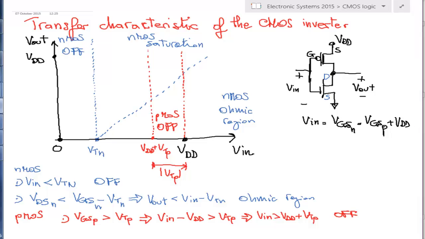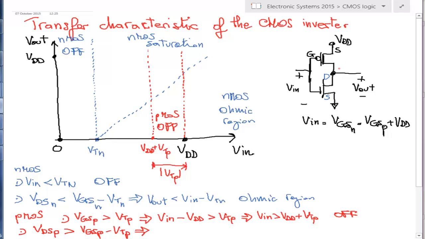Then we have to find the difference between ohmic region and saturation region, but it's easy because in the ohmic region, VDS-P, which is negative, is larger than VGS-P minus VTP, as we wrote in the previous slide.